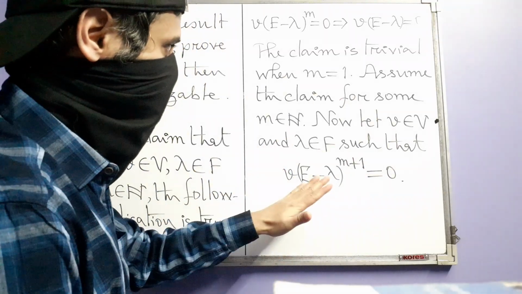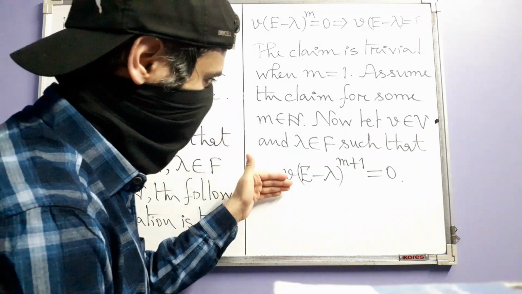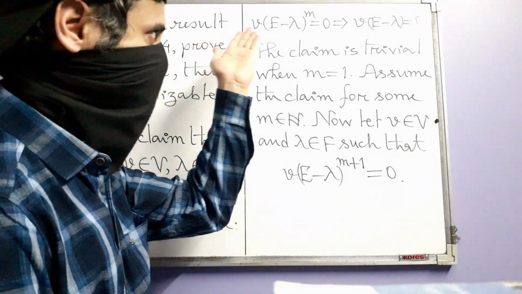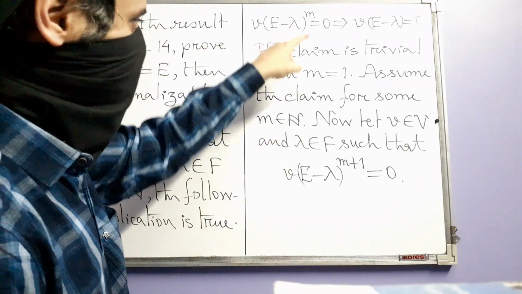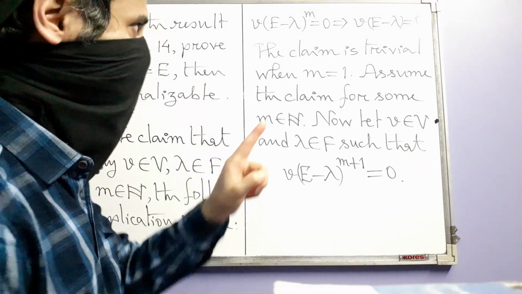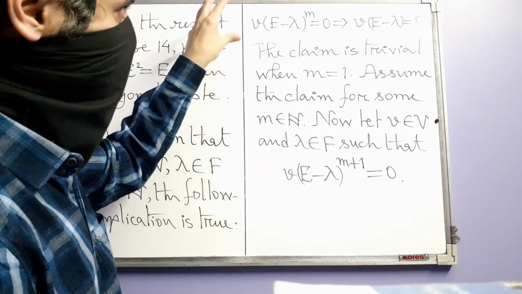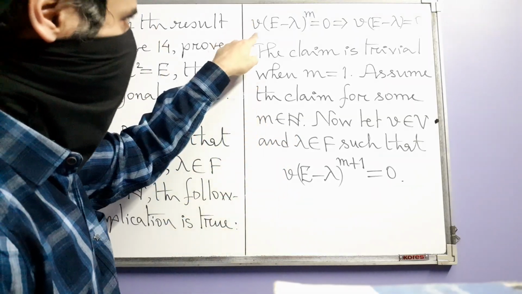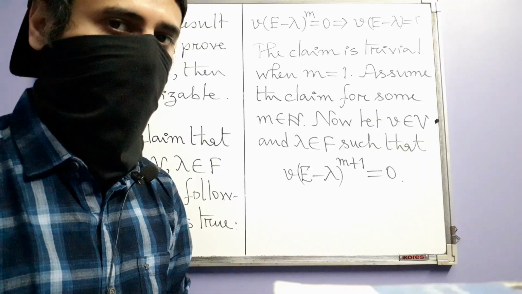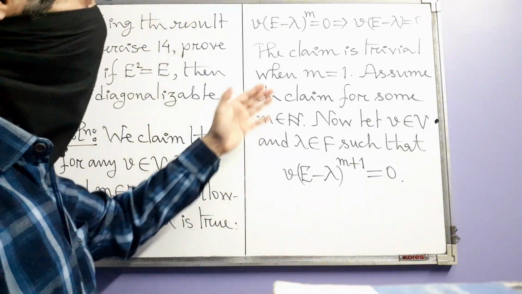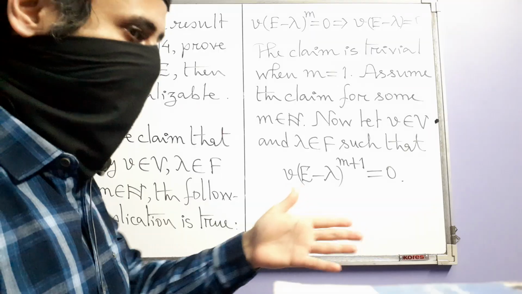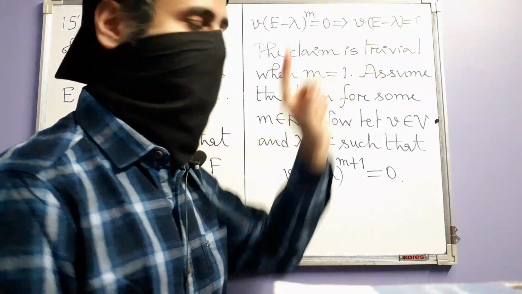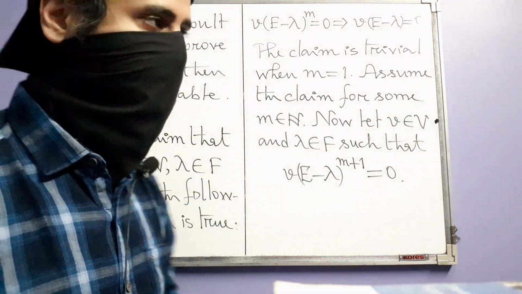But also do not forget that besides having this, we also have our induction hypothesis, namely that the above implication is true for that specific n, but simultaneously for all v and all lambda. Do you get the point here? If for any v and any lambda this is equal to 0 for that n, then this is also true. That is the induction hypothesis.